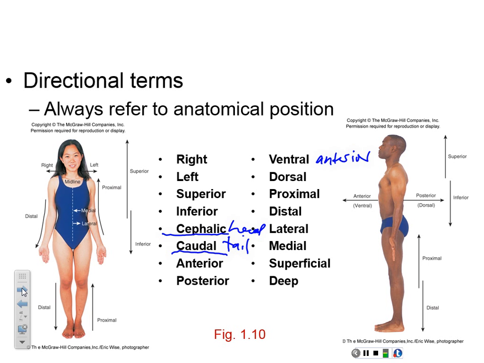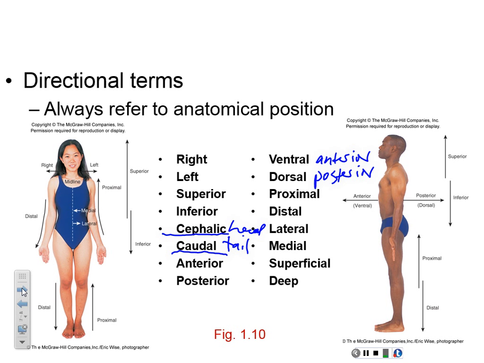Dorsal is also equivalent to posterior in an upright animal. Okay, and we know about proximal and distal. Lateral is moving away from the midline. Anything that moves away from the midline is lateral. Anything that moves towards the midline is medial.